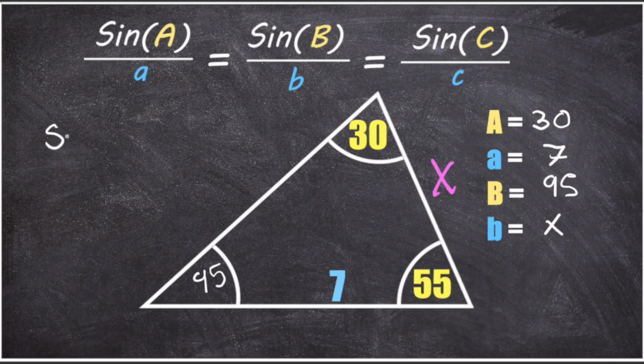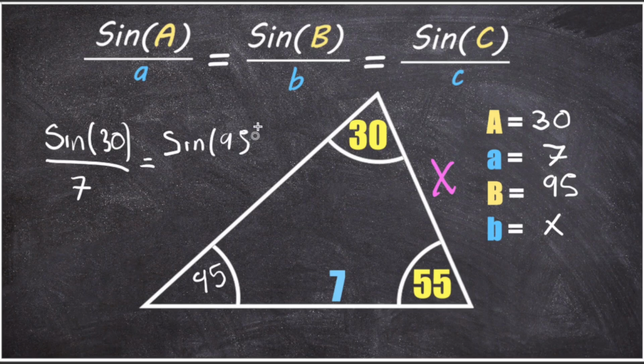So sine of A, well, A is 30, over small a, which is 7, is equal to sine of B, and B equals 95, over small b, which is X. We don't know that yet. If we multiply both sides by X, then the X's on the right hand side cancel.